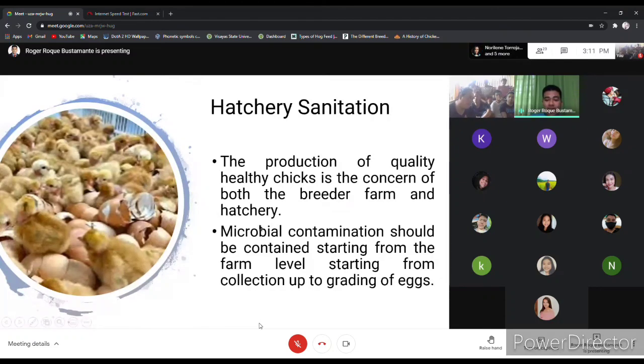You have to protect them from microbial contamination, from the farm level up to the grading of eggs before setting into the incubator. That is why when the eggs arrive in the hatchery, the first activity is to fumigate the eggs.